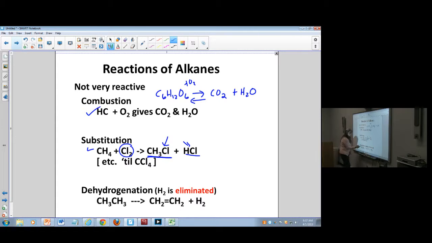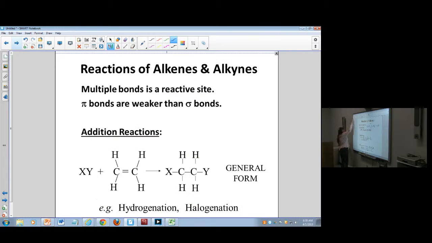The other thing you can do is elimination reactions. Elimination reactions take an alkane and you end up forming an alkene. You could form an alkyne as well, and some hydrogen gas. So this particular one is called dehydrogenation, but we could have dehydration, not dehydrogenation. We could have a number of other kinds of structures.